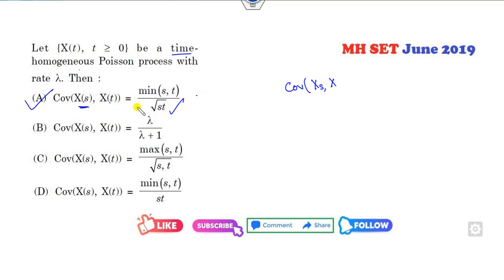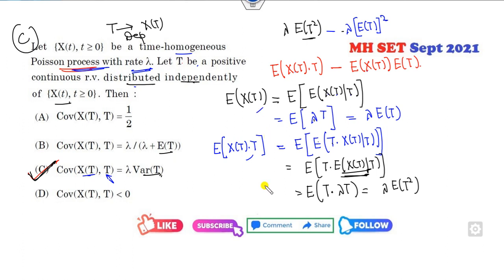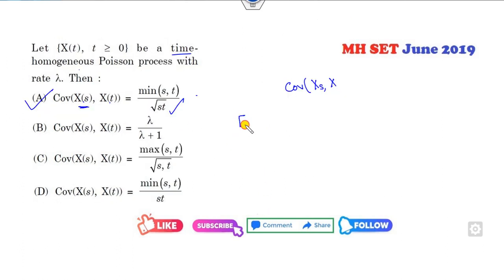Again you can derive this one in a similar manner. How can I write that? This is the expected value of this into this, minus the expected value of this and the expected value of this. Otherwise, you can remember that this is a standard formula which you can easily see in my previous lecture on the time homogeneous Poisson process.